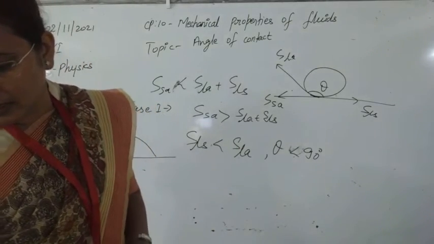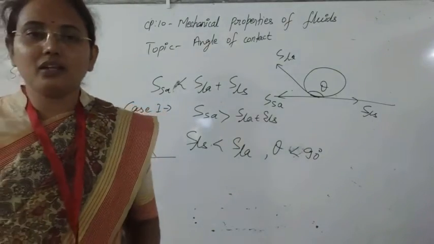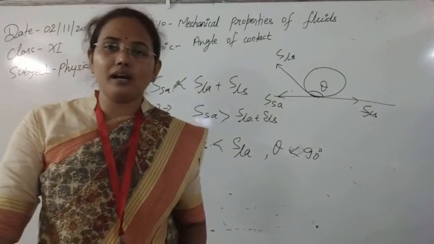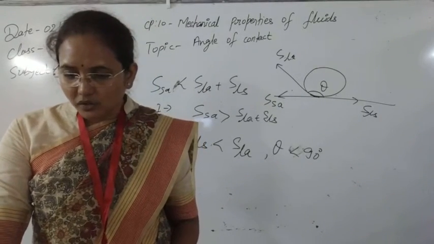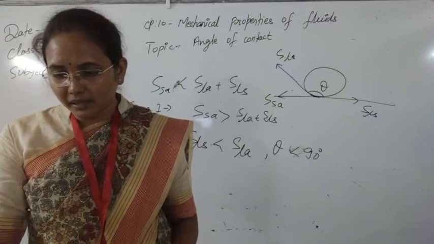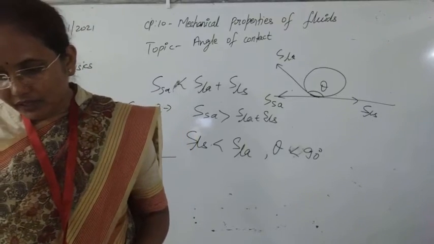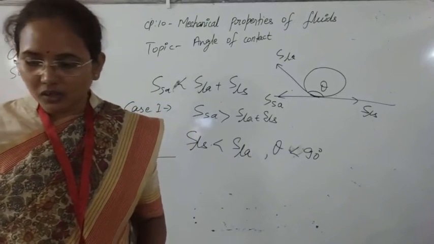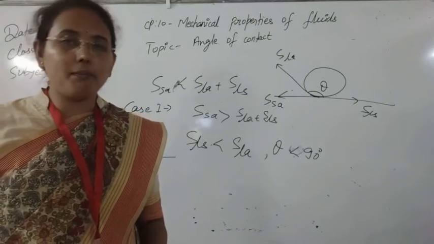Next, the conclusion of this whole discussion is that the knowledge of angle of contact will determine whether a liquid will spread on the surface or form a droplet on it.